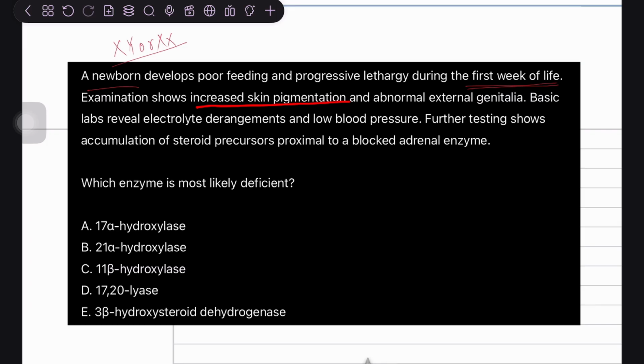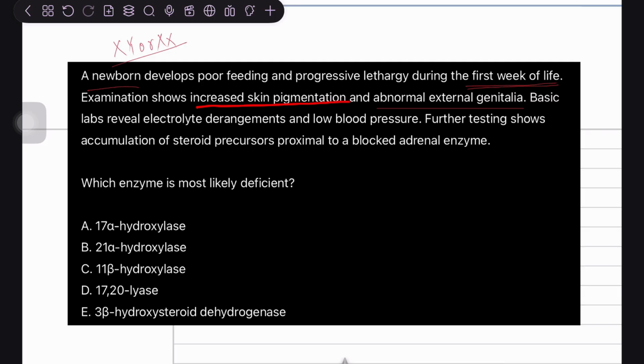This is also high yield, but we don't know the gender, so we don't know whether there are excess androgens or no androgens. So this is not as clear.